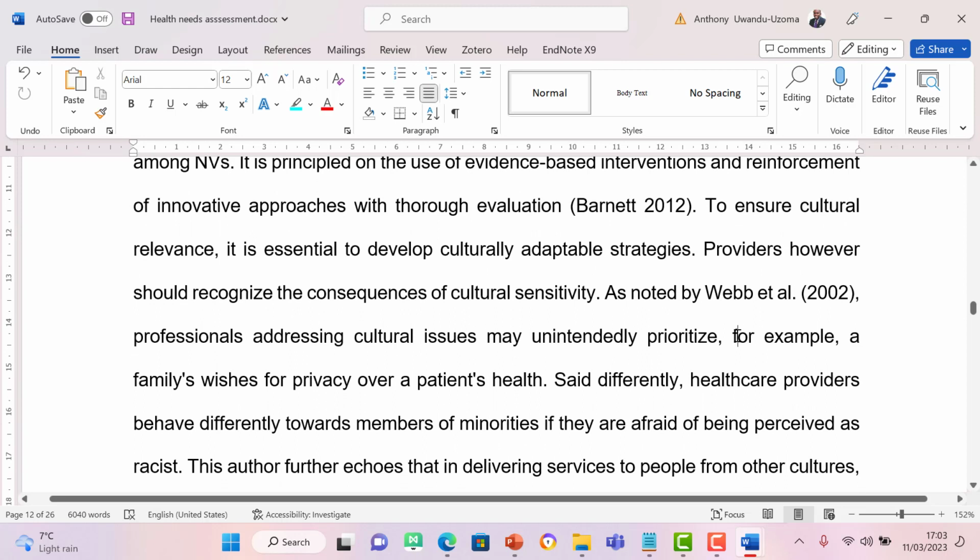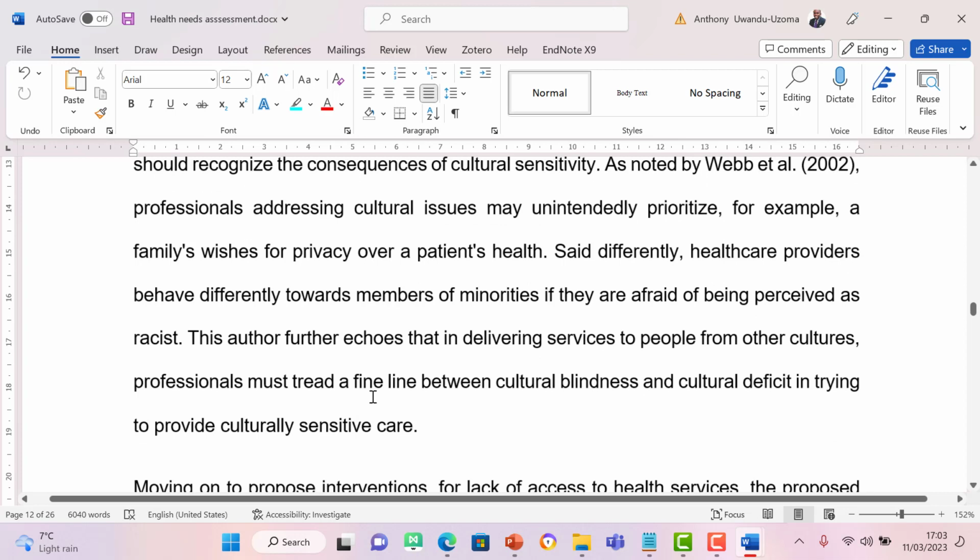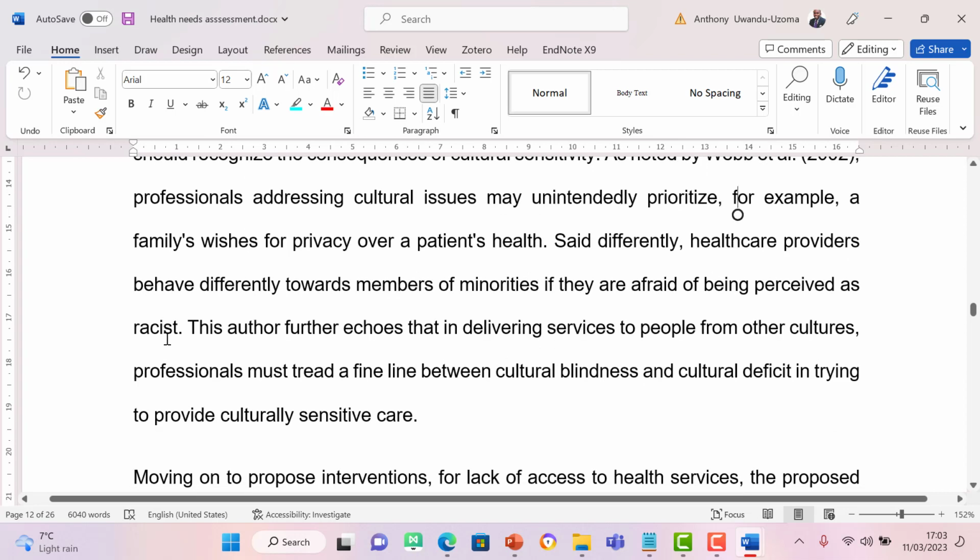Okay, I'm seeing an example here. A family wishes for privacy over a patient's health. Healthcare providers behave differently towards members of minorities if they are afraid of being perceived as racist. So the author further echoes that in delivering services to people from other cultures, professionals must tread a fine line between cultural blindness and cultural deficit in trying to provide culturally sensitive care. All right, I like the example.